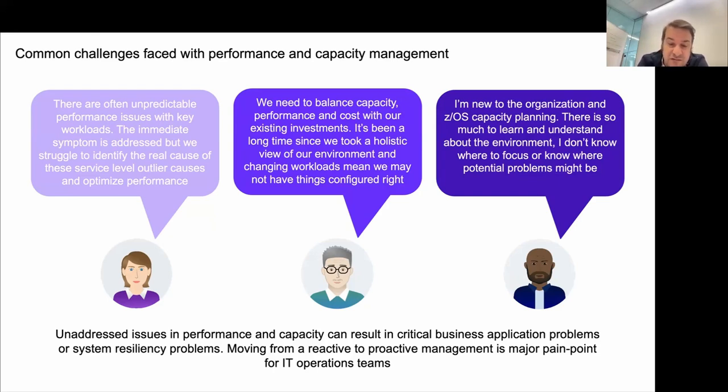So a real aim for most organizations is to move from reactive to proactive management, and therefore get ahead of problems and not have the problems occurring in the first place, but have a more efficient environment that can be worked with.